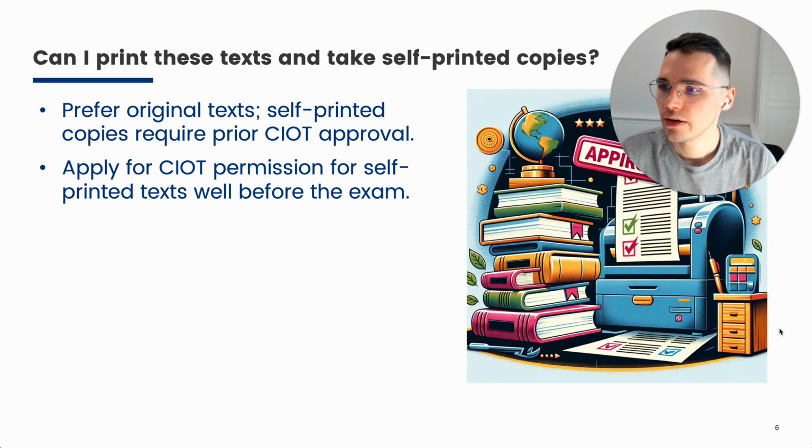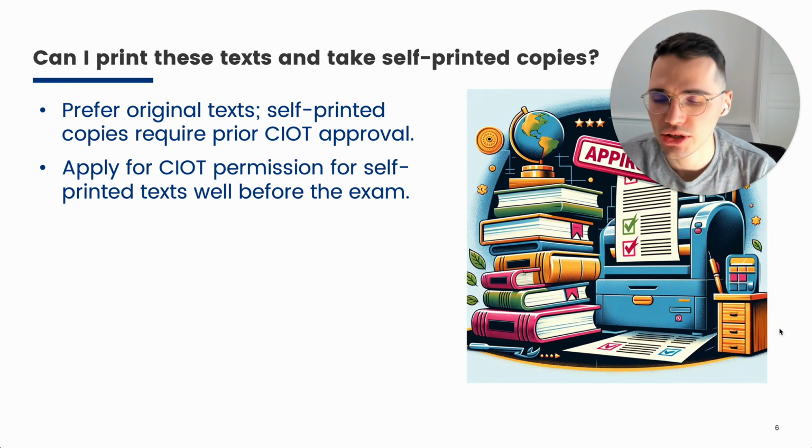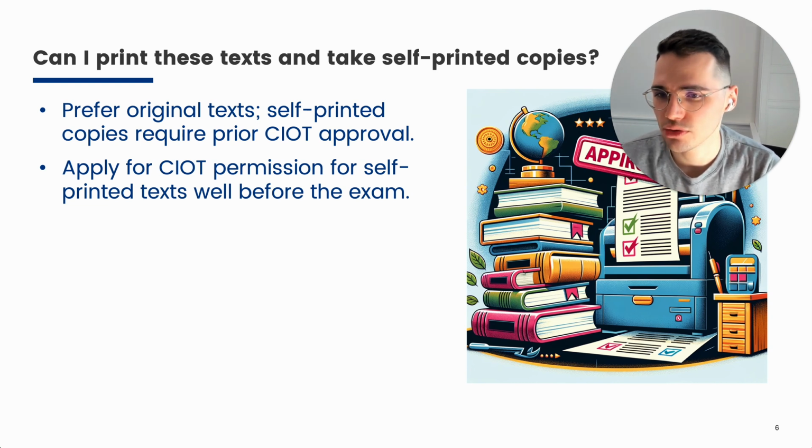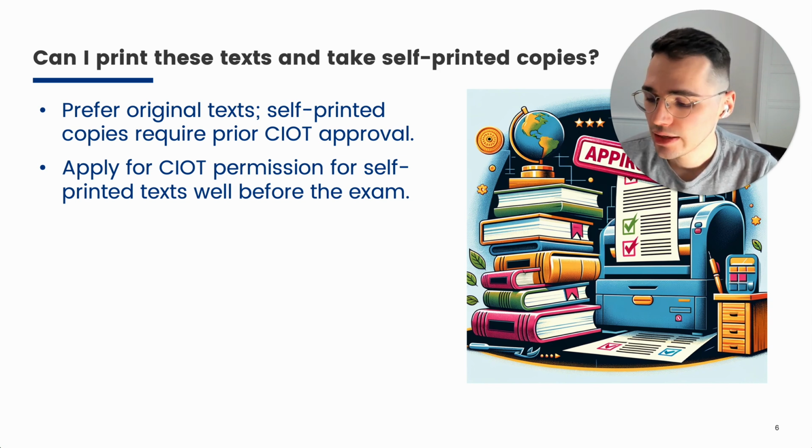And then the last question: can I print those texts from electronic versions, because most of them are texts, not textbooks, and take the self-printed copies? Generally, the Chartered Institute of Taxation tells that they prefer original texts officially published.